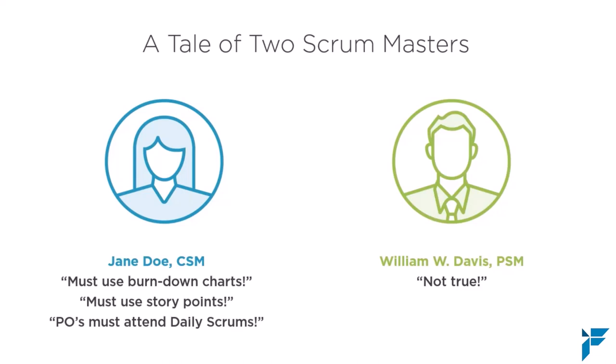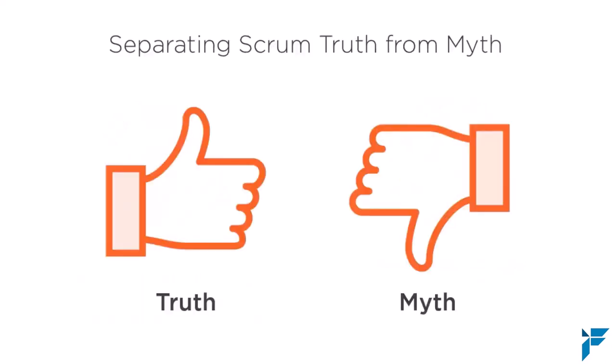And the only mandatory attendees for the daily Scrum are members of the development team. The Scrum Master and product owner are, in fact, optional attendees. To successfully earn the Professional Scrum Master Level 1 certification from Scrum.org, you need to know Scrum well enough to separate Scrum truth from Scrum myth.